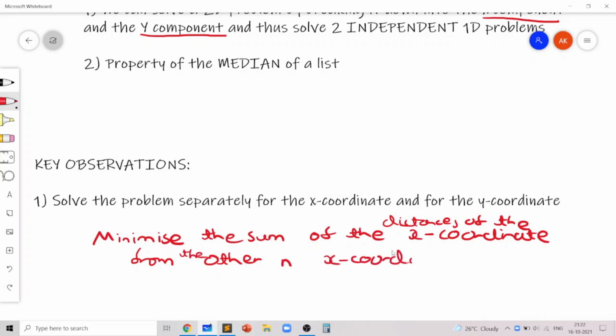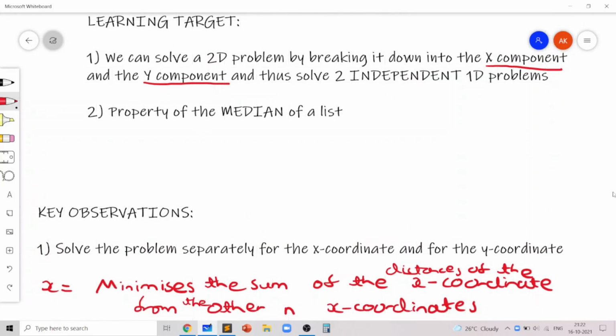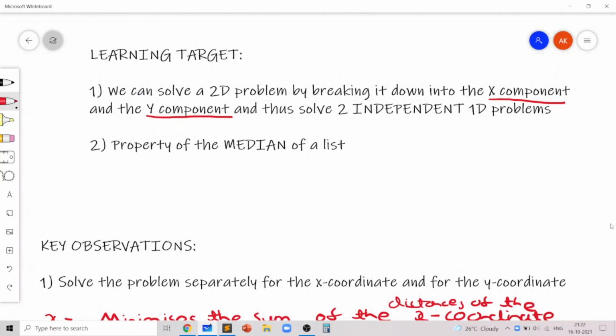We need to choose the x coordinate which minimizes the sum of the distances from the other n x coordinates. And the key idea is that that particular x coordinate is just the median of all the x coordinates.